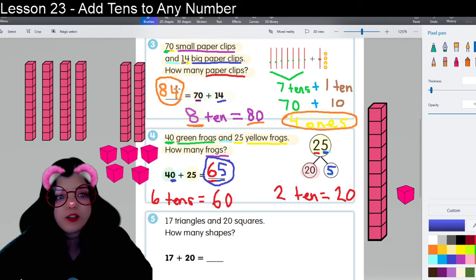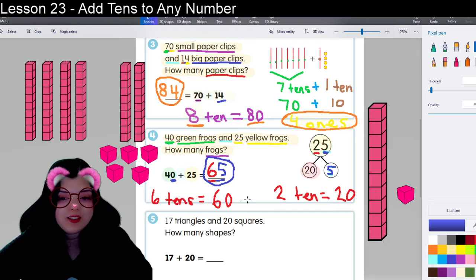So let's count our tens and then add our ones. Ready? 10, 20, 30, 40, 50, 60, 60, 61, 62, 63, 64, 65. So we have 65 frogs in all.